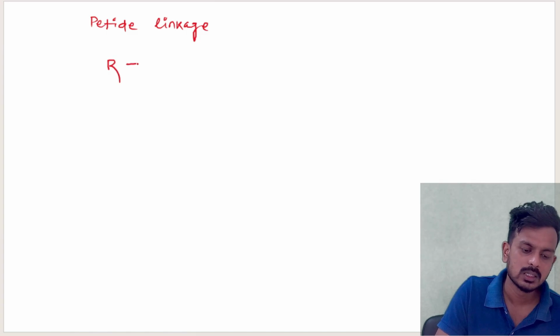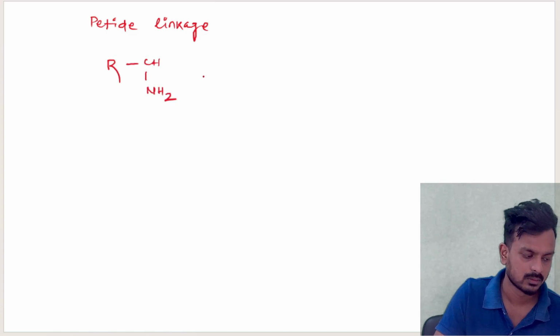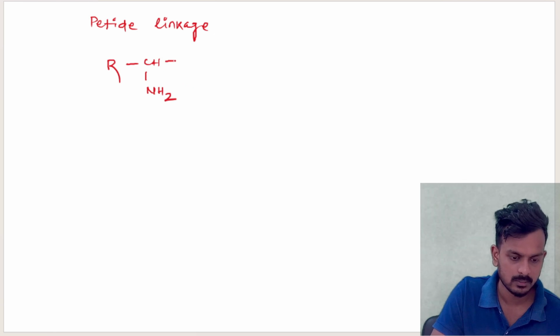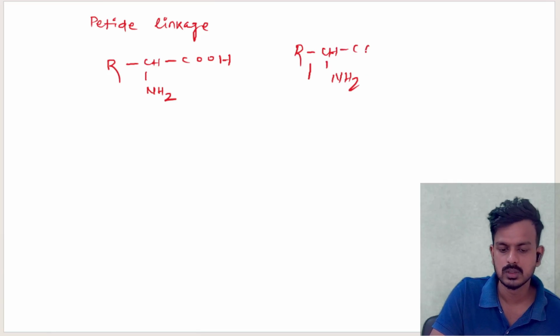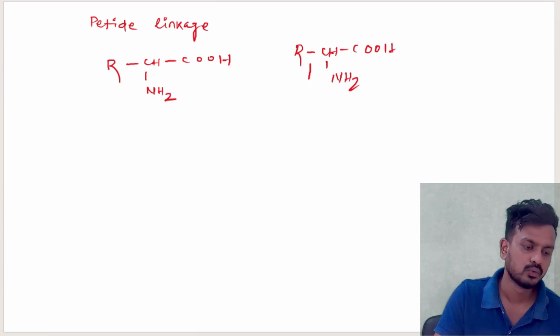Suppose this is one amino acid, and this is another amino acid, R1CH NH2 COOH. What happens here basically?